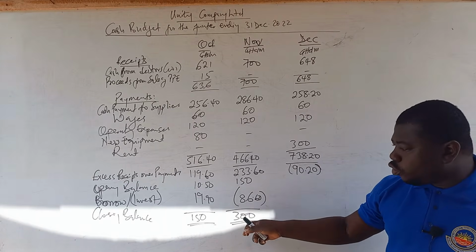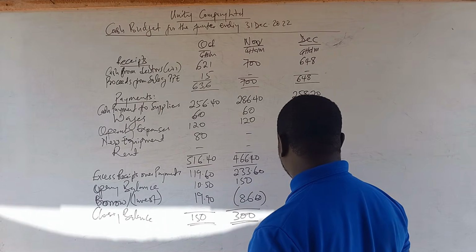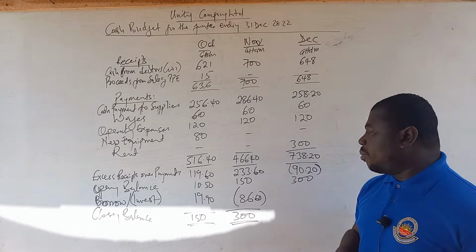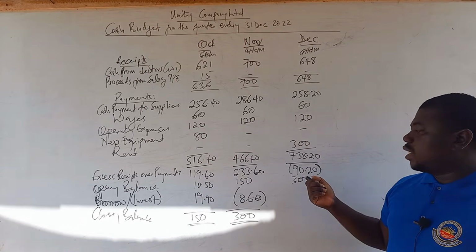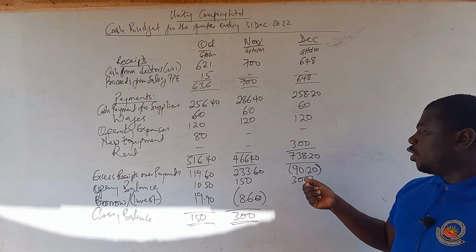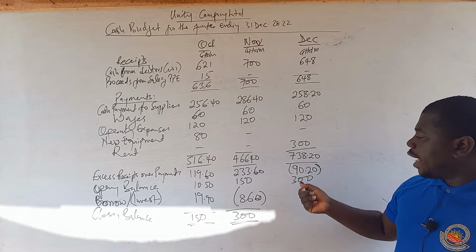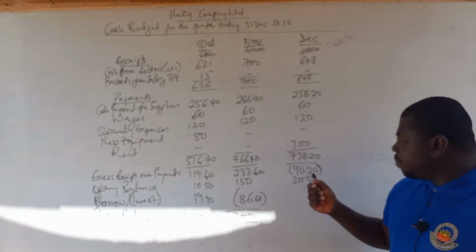Then let us also bring 300 as our opening balance for the final month. Now, in the final month, the difference was a negative. When we bring a positive 300 to add up, we are going to get 209.80 as positive.